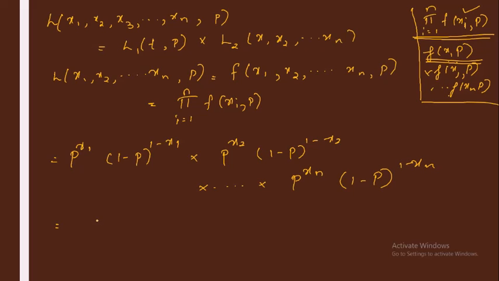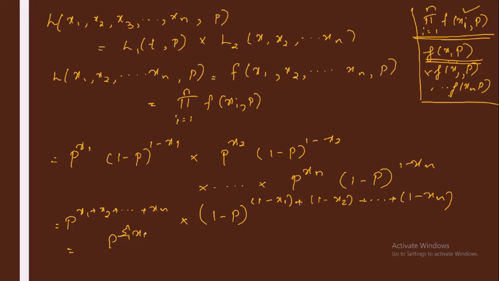Now I'm going to combine all the p terms: p raised to x1 plus x2 plus etc. plus xn, and then all the 1 minus p terms: 1 minus p raised to 1 minus x1 plus 1 minus x2 plus etc. plus 1 minus xn, which is equal to p raised to summation xi, then 1 minus p raised to n minus summation xi, since here you have n ones.